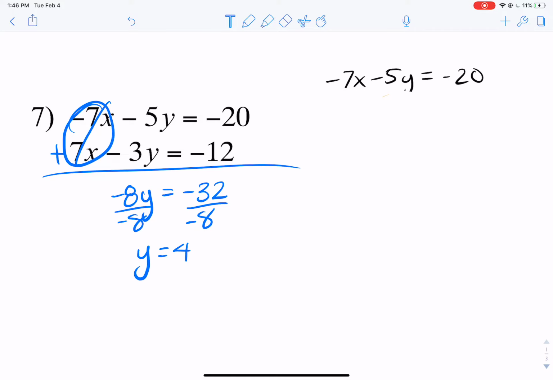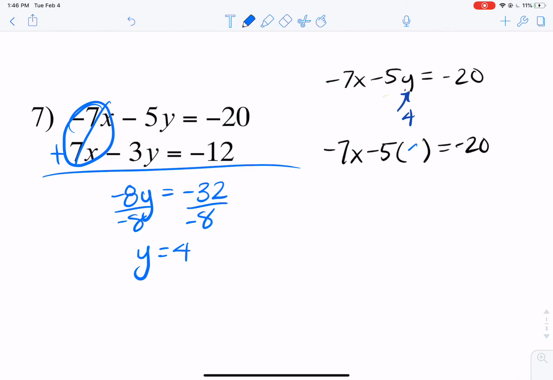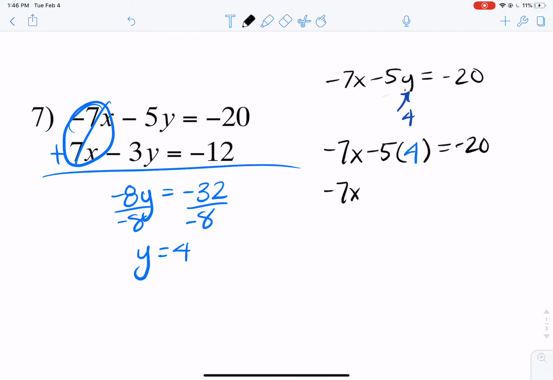So I'm going to plug in a positive 4 right there. That number right there should be a positive 4. So let me start over. So we have negative 7x minus 5 times a positive 4 is equal to negative 20. Almost made a mistake there. So positive 4. All right, so now negative 7x, multiplying these two gives me negative 20.